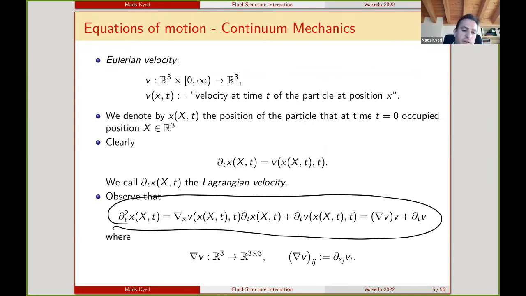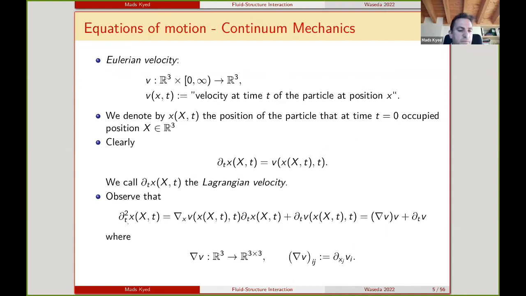I use the gradient, the Nabla symbol, to denote the Jacobian of v, and this gives us the acceleration of the point that at time t equals 0 was at position capital X. So this point is moving in our continuum, and the acceleration at time t we can express as grad v times v plus dt of v by the chain rule.